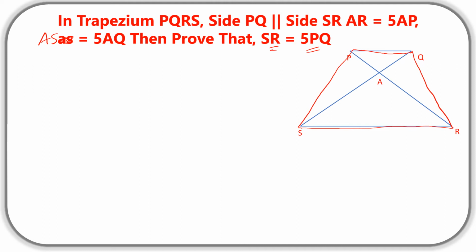The PQ side is parallel to RS, yes, SR. AR is 5 times AP. Then it is given that AS is 5 times AQ. You are asked to prove SR, this base, is 5 times PQ.